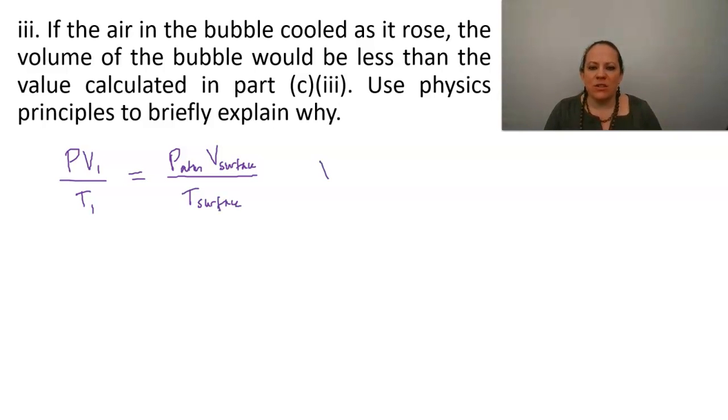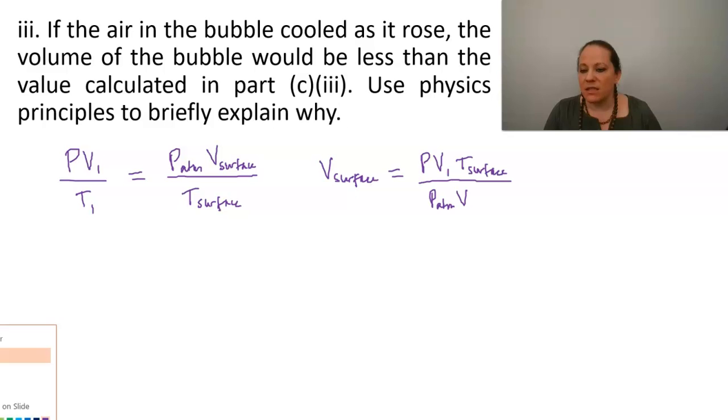So let's solve for volume at the surface, where we're going to have our pressure at depth times the V1 times the temperature at the surface, all divided by our atmospheric pressure times T1.